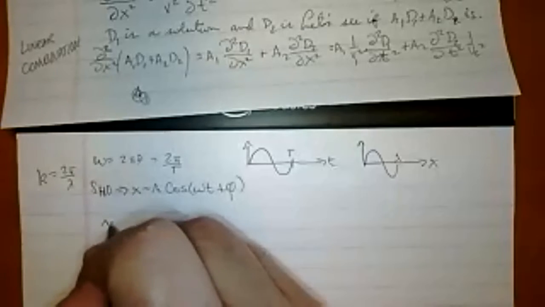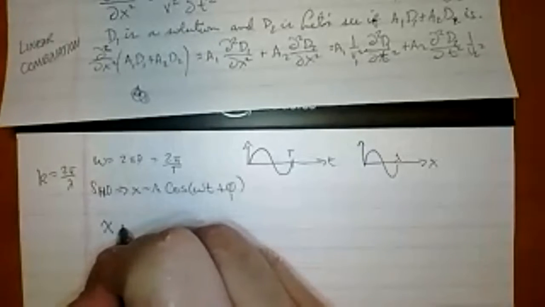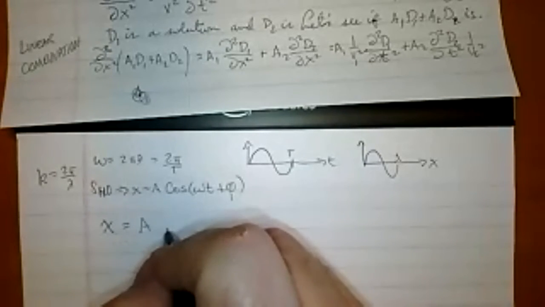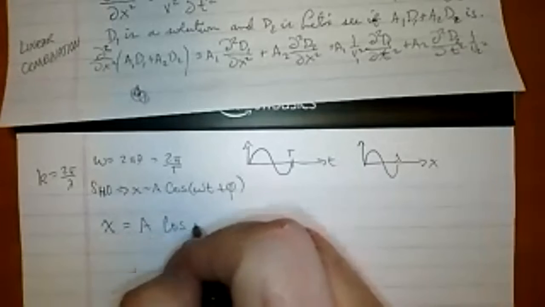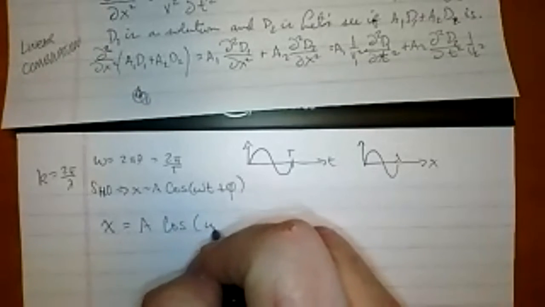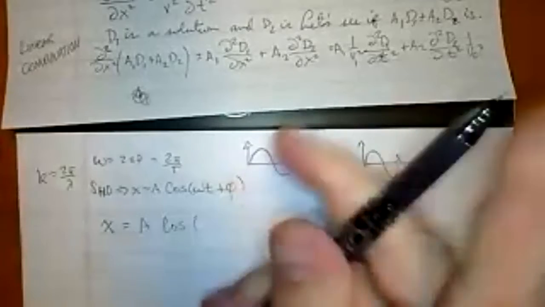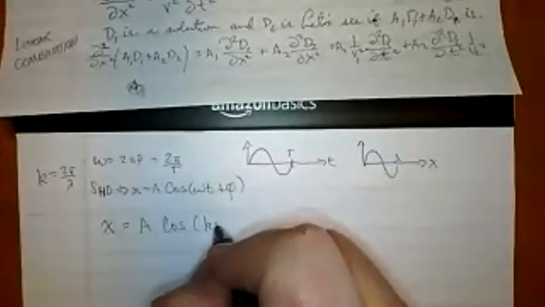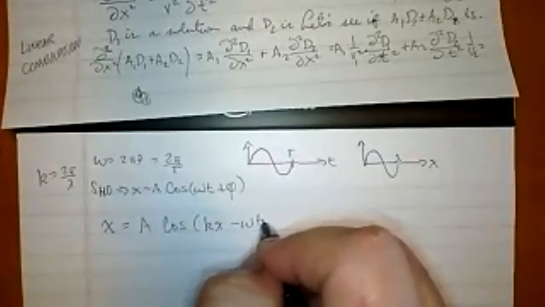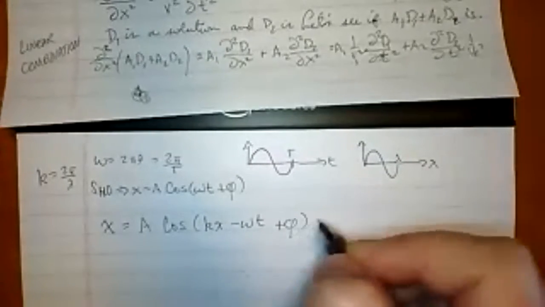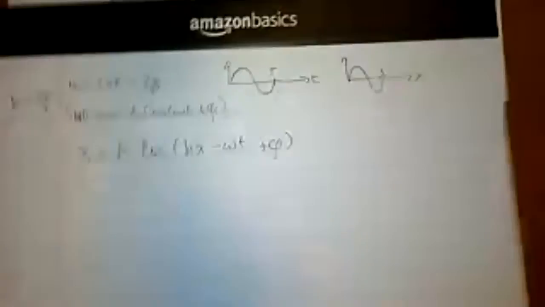We're going to say x, the answer to the wave equation, is some constant A times the cosine of, well, actually, let me put it in a different order, k times x minus omega t, and then I'm going to add a phi to it. So that turns out to be exactly the solution.